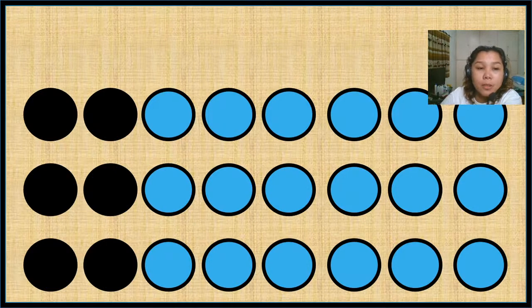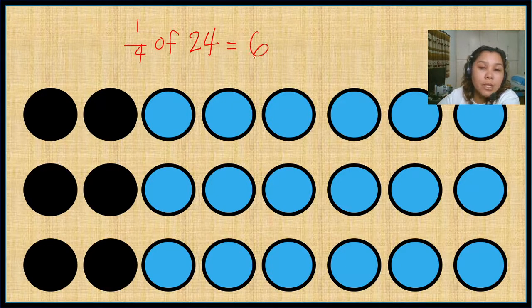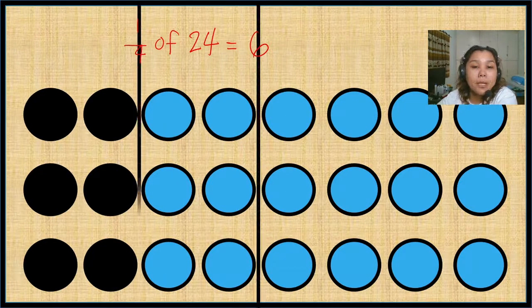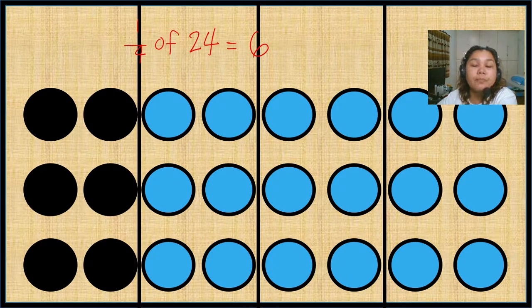So, this blackened part is 1/4. 1/4 of 24. Let's count them. So, 1, 2, 3, 4, 5, 6. So, therefore, 1/4 of 24 is 6. So, yan. Parang isang malaking rectangle into 4 groups.